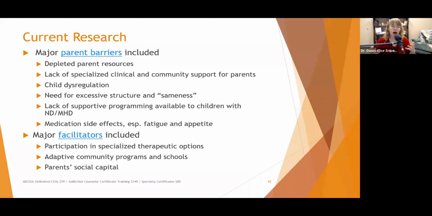So there are options for day camps and play areas. The parents' social capital, which means their social resources. Do they have friends and family that can assist them, that can give them respite, that can go to the store with them, so there is somebody with the person with autism at all times.